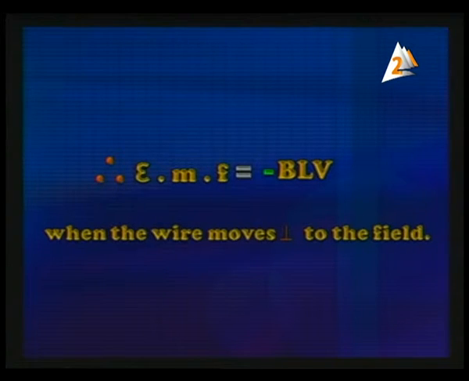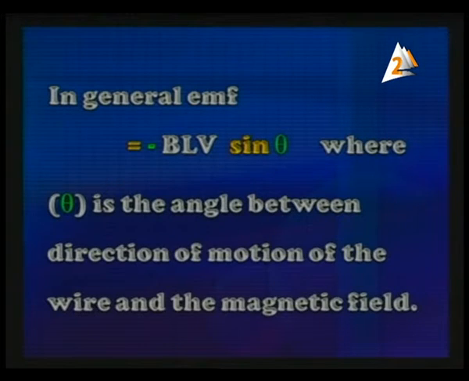Your attention: B is the magnetic flux density, L is the length of the wire, V is the velocity with which the wire is moved. In general, EMF is equal to negative BLV sine theta, where theta is the angle between the direction of motion of the wire and the magnetic field.